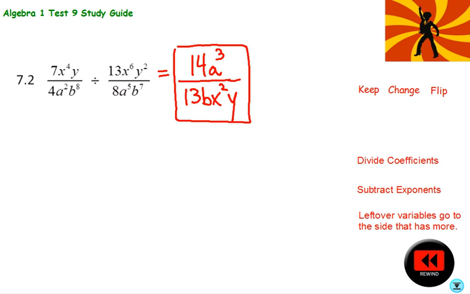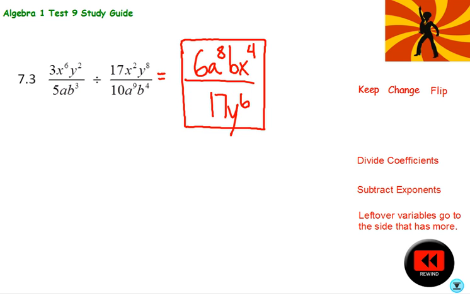And for 7.3, 6a to the 8th b x to the 4th, 17y to the 6th. All right, so if you need to check on that, pause it here if you made any mistake with 7.2 or 7.3. And then if not, we will march one problem closer to the finish line.